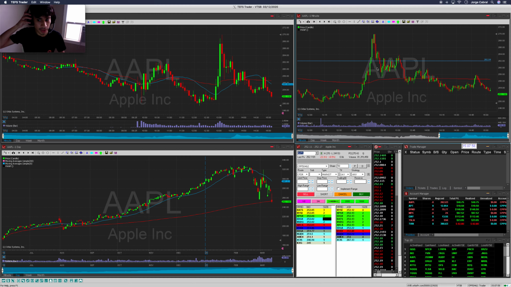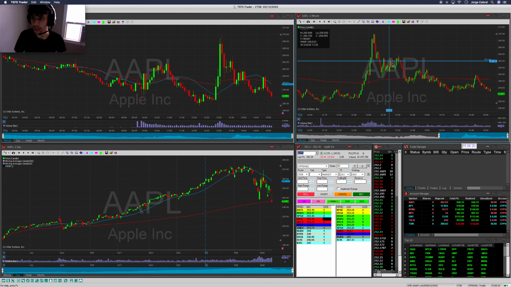I let it come back on me a bit, but anticipating a move, a bigger move that ended up happening. So now that was my trade on Apple. Made 1.5 points on it. Recovered my loss from the first trade, and made some profit at the end of that.